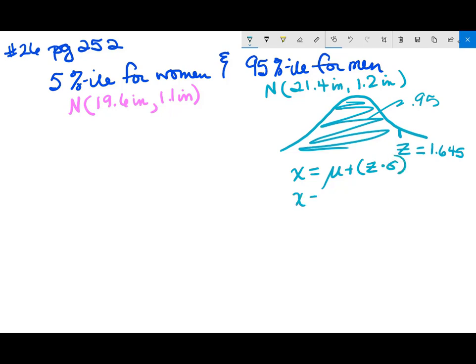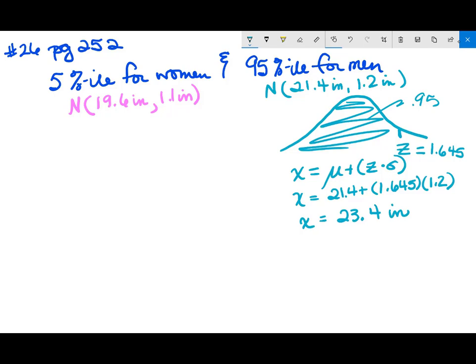So I can put that in. My mean is 21.4. My z-score was 1.645. And my standard deviation was 1.2. And that is going to be 23.4 inches.